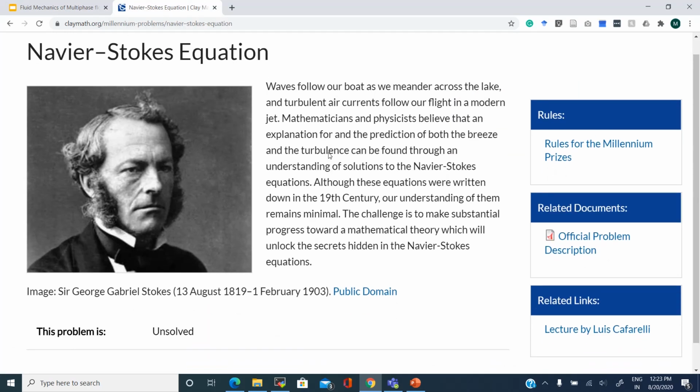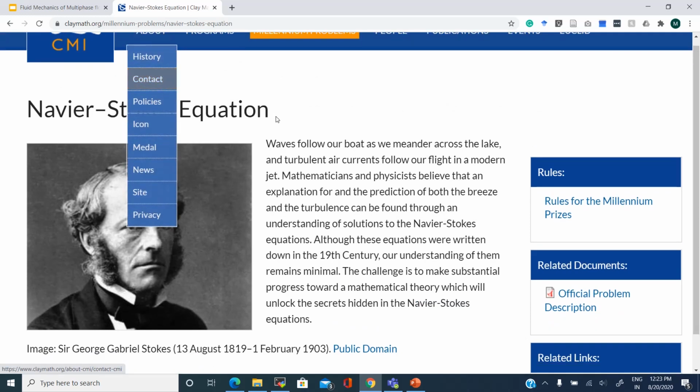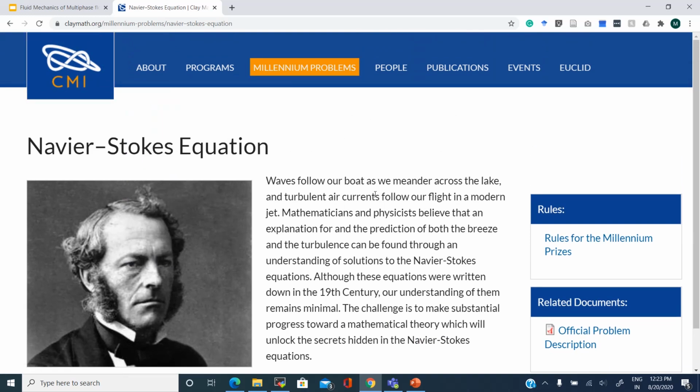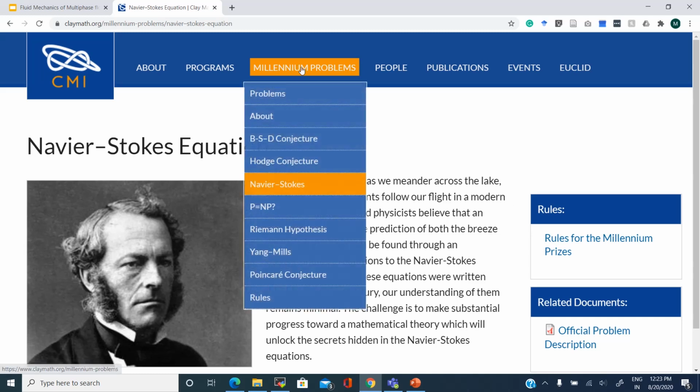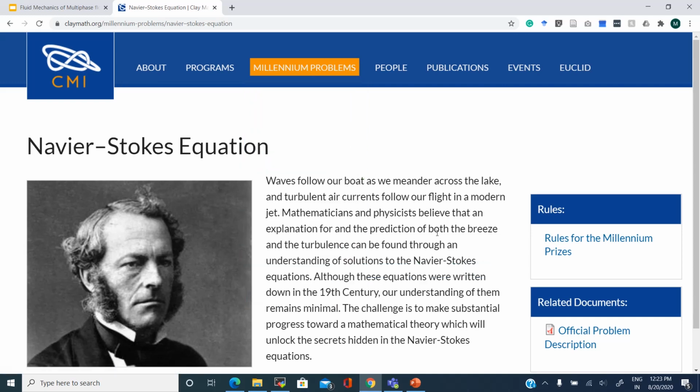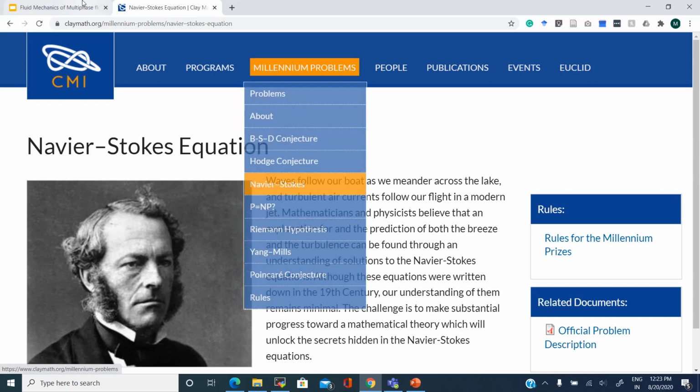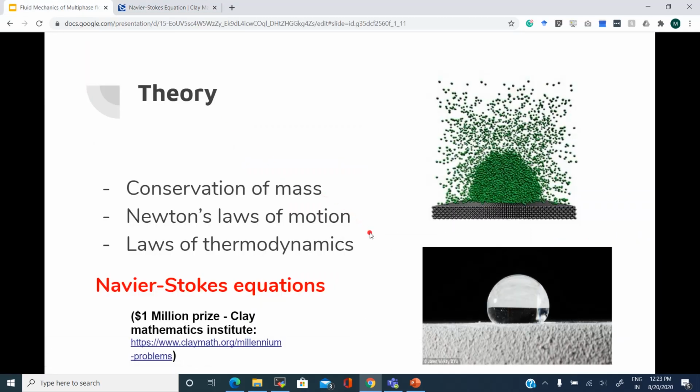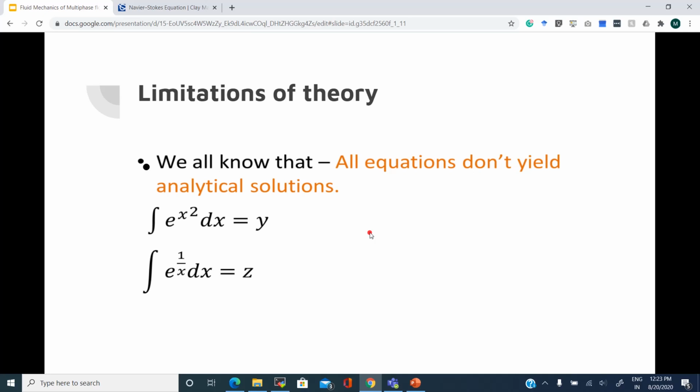And you can see this page on the Clay Math Institute for the Navier-Stokes equation. This is one of the millennium problems. They call them millennium problems. Some of them are solved, most of them are unsolved. Navier-Stokes is one of them. Okay, limitations of theory.